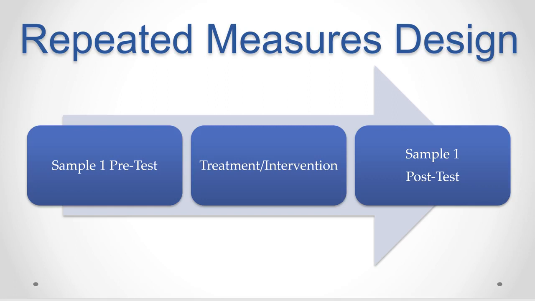In this example, we observe participants twice, but not necessarily before and after a treatment. Anytime the same participants are observed in each group, either pre-post or within subjects, we are using the repeated measures design to observe related samples.